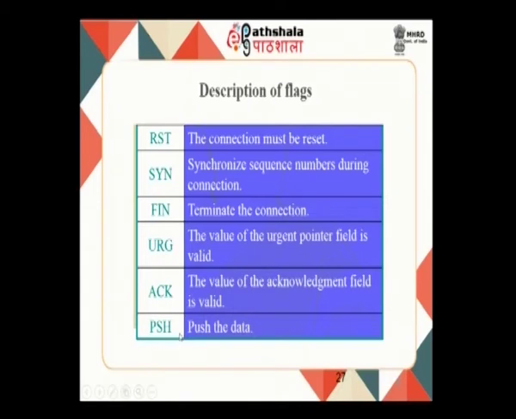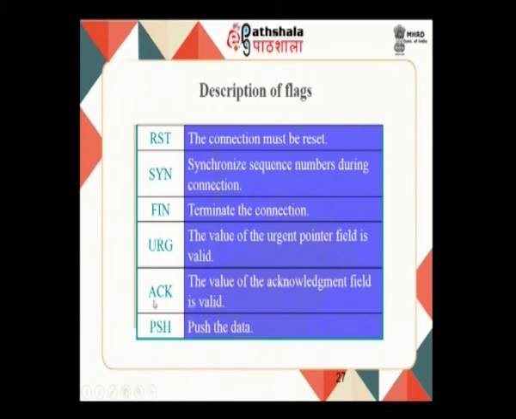The other flag that we have is the push flag. Now, this push is used whenever the sender side application wants to push the data out quickly to the other side, and this push data has to be delivered to the receiver process quickly. Otherwise, normally it would wait for the sequence of exchanges to be complete.